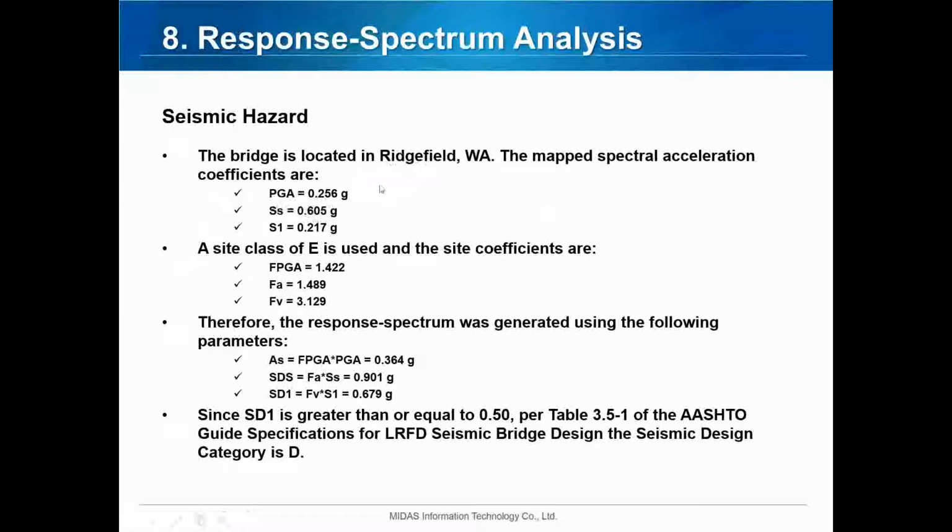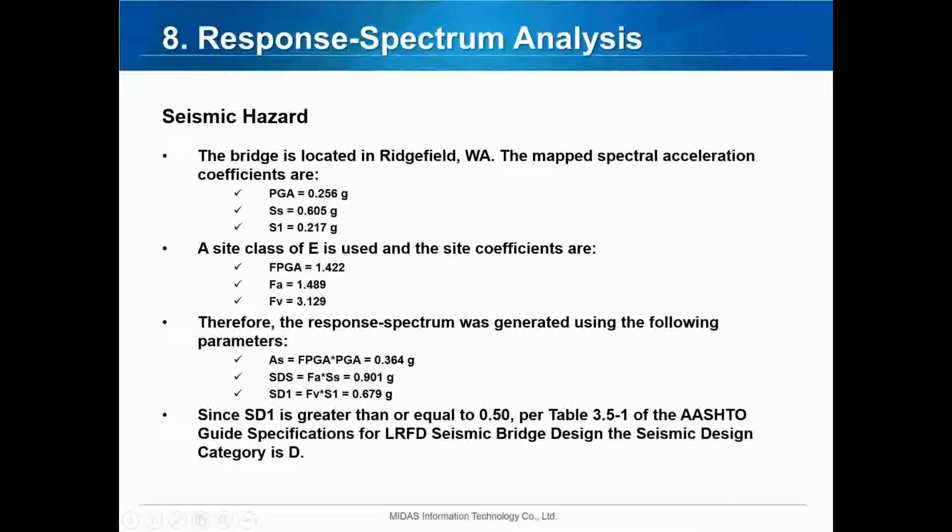Our bridge was located in Ridgefield, Washington, and the PGA there was 0.256 g. Ss was 0.605. S1 was 0.217 g. And the site class there was site class E. And so our FPGA came out to be 1.422, Fa 1.489, Fv 3.129.